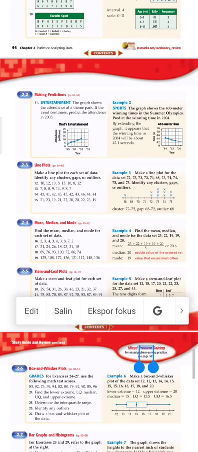Mean: add 23, add 22, add 19, add 19, add 20, divide by 5, or 20.6. Median 20, mode 19.